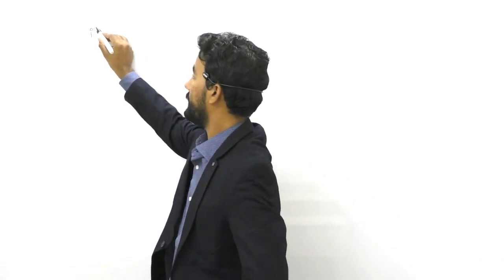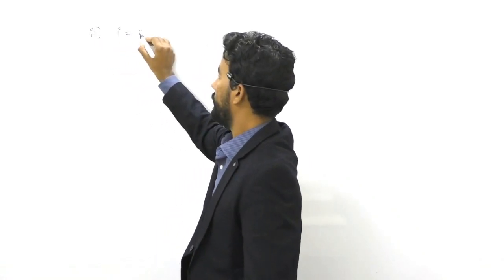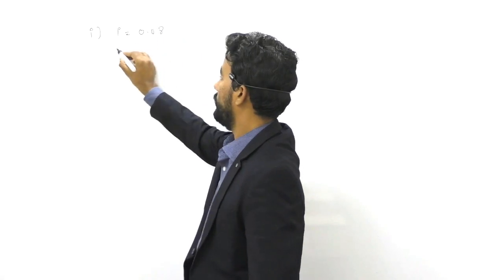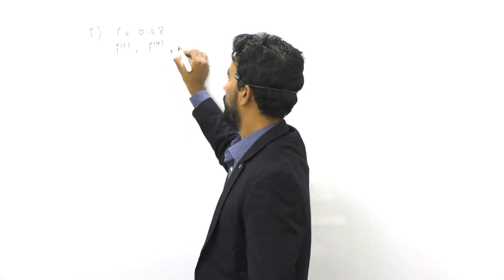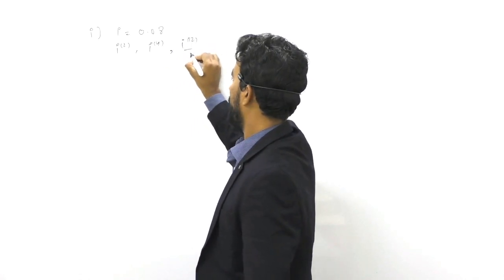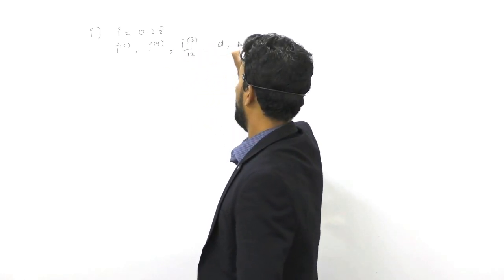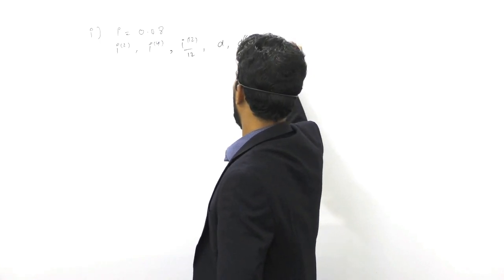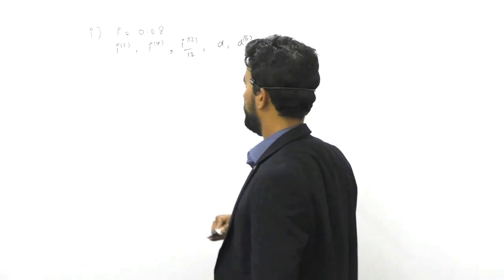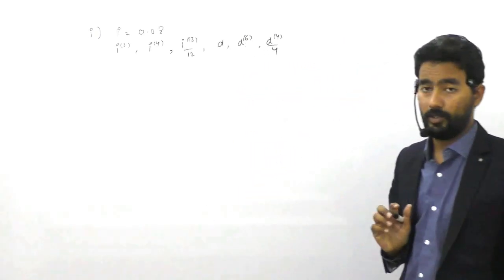So now let us look at a few examples of conversions from one rate to another rate. Let me say that i = 0.08. You need to find i2, i4, i12 by 12, d, d6 and d4 by 4, everything using i.